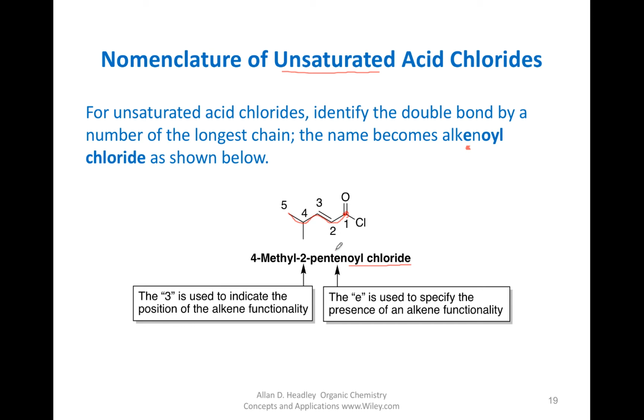It has a double bond, so we change that A to an E and indicate the position of that E using this number 2. On carbon number 4 is a methyl group, so it becomes a 4-methyl-2-pentenoyl chloride.